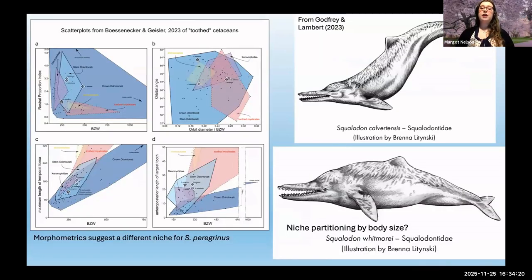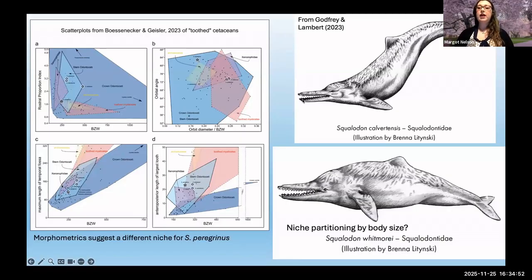We can start talking about niche partitioning. So for Squalodon peregrinus, the oddball that I showed you earlier, we can see that it occupies a very different ecological niche based on its morphometrics. And we only really would be able to realize that if we studied it. And likewise, in our descriptions of the squalodontids from the Calvert Cliffs, the North American ones, we see niche partitioning by body size.